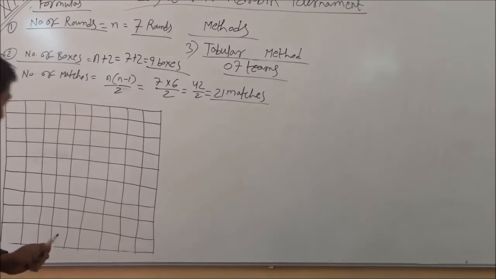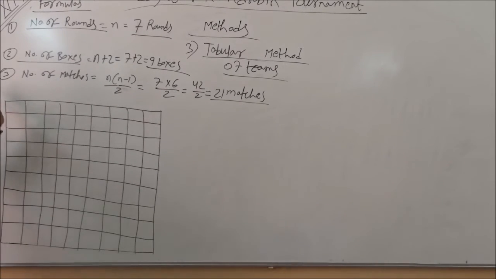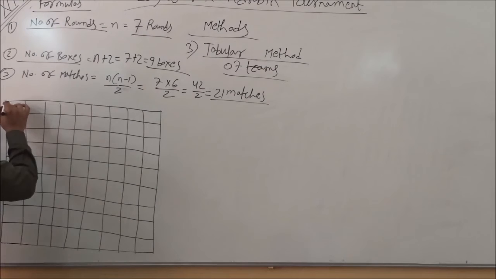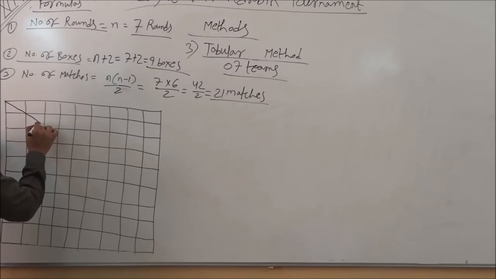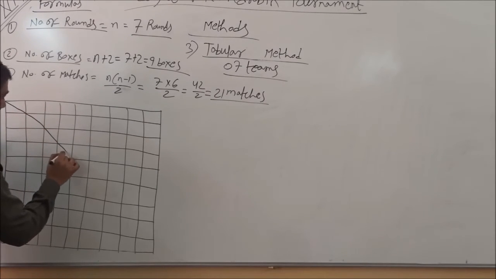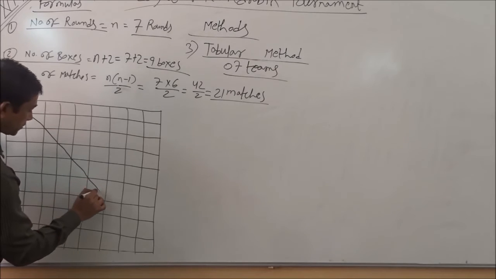Now, the same process: after dragging the line, we need to diagonally draw a line from top to bottom, intersecting each box.